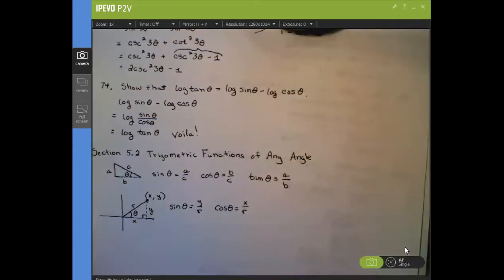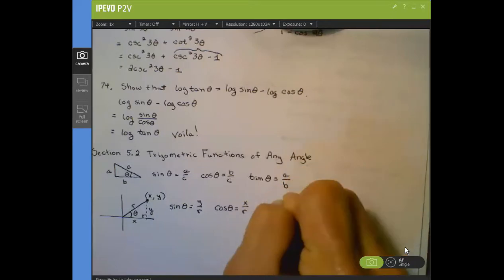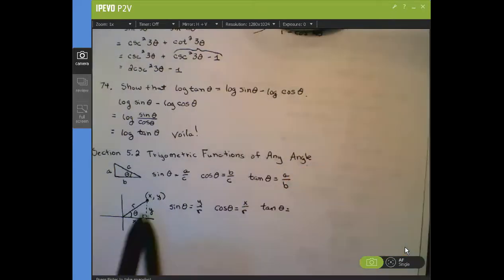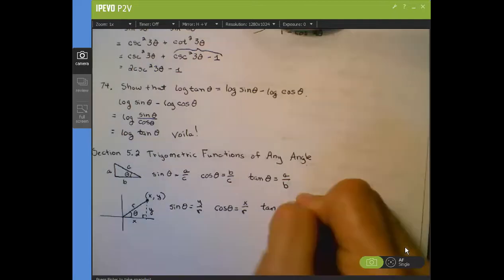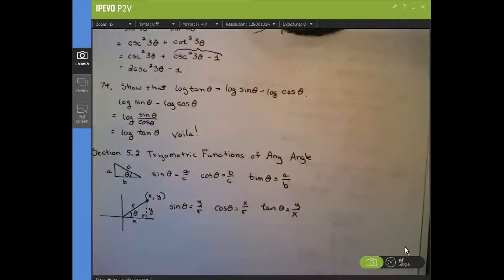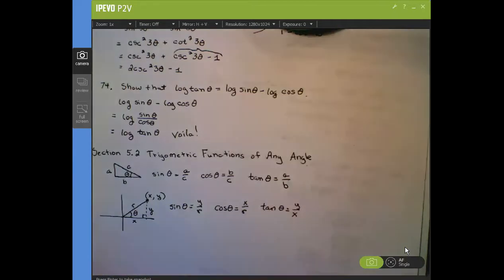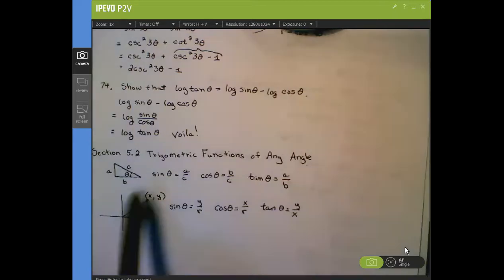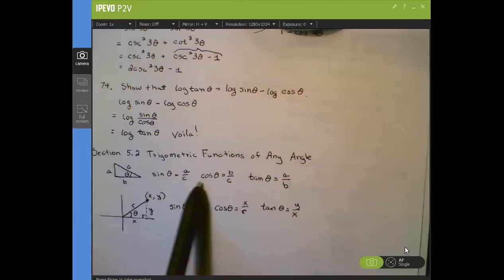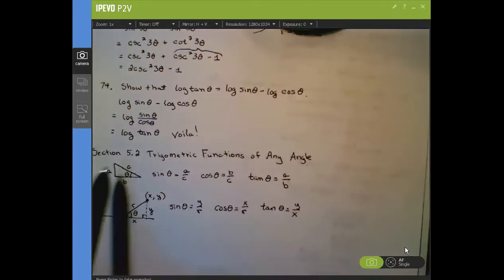And tangent of theta would be opposite over adjacent, or y over x. And then, of course, we could write what would give us cosecant theta, secant theta, and cotangent theta. But we've just expanded our definition of these trigonometric ratios beyond simply triangles.